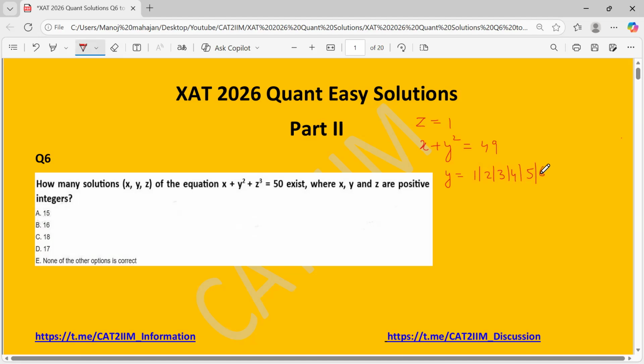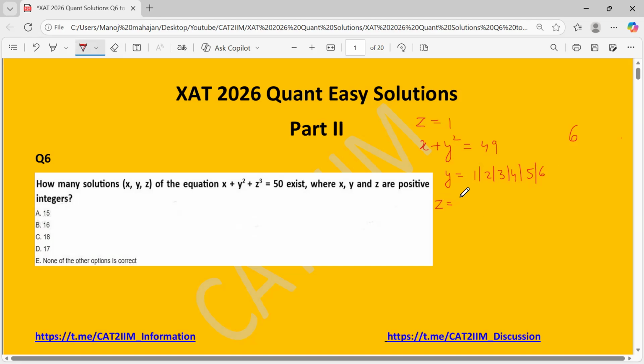Because if I put y as 7, then 7 square is 49 and x would come out to be 0. We have to calculate positive integers, that is important, so 0 is not a part of it. Correspondingly, you can calculate the value of x when y is 1, and what x will be when y is 2. In that case, x is coming out to be a positive integer. So let's count how many solutions we have when z is equal to 1. There are 6 such solutions.